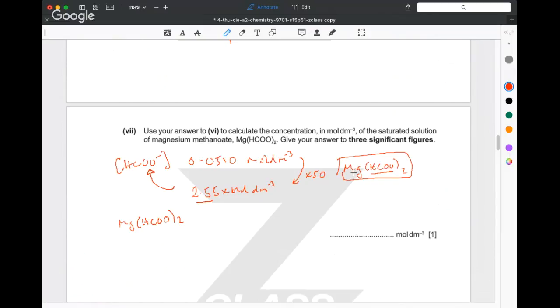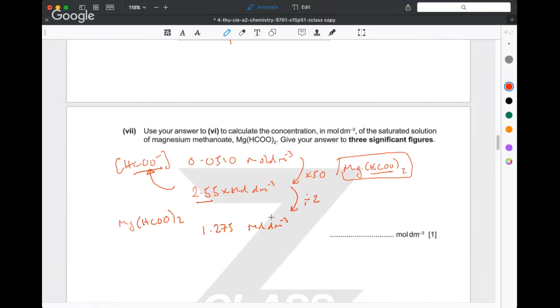And the concentration of this formula unit here is half of the concentration of methanoate ions. So you've got to multiply by 50, haven't you? And then you've got to divide by 2. And that gives you a concentration of 1.275 moles per decimeter cubed.